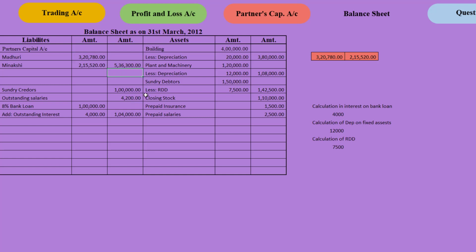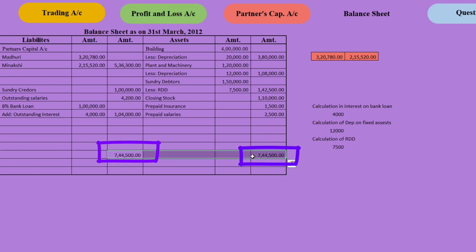Now the total of this is 7,44,500. So we have done this in this way.